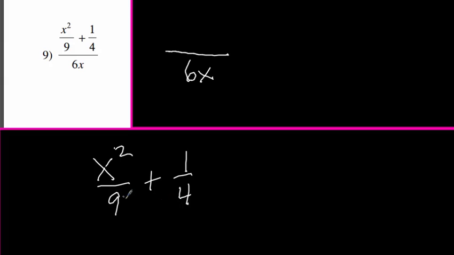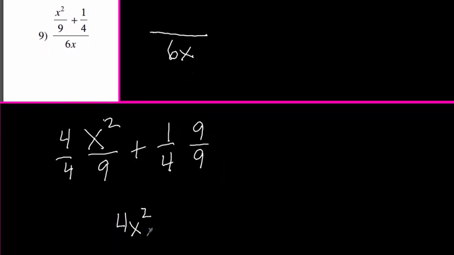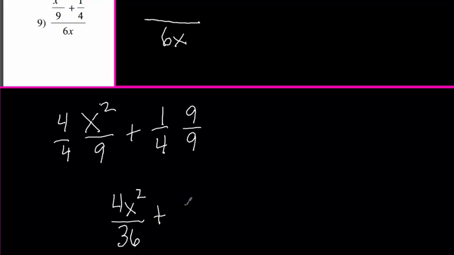Well, in order to get a common denominator, I would multiply this one by 4 over 4 and multiply this one by 9 over 9. So what would that give me on the top? I'd have 4x squared over 36 plus 9 over 36.